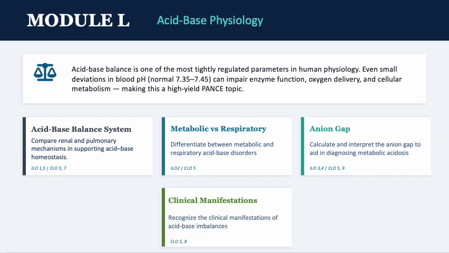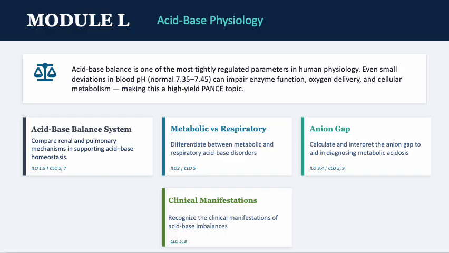Because of this, it is a very high yield topic for the PANCE and any board test that you're probably ever going to take. It's going to be high yield, a high percentage you will see throughout your didactic phase, throughout your clinical phase, and most definitely on your PANCE.